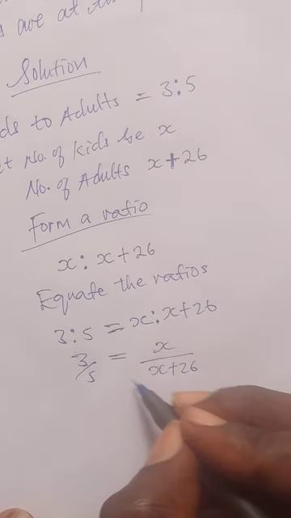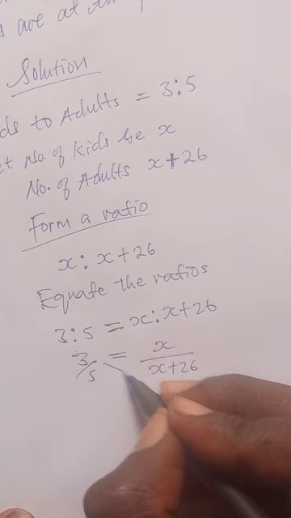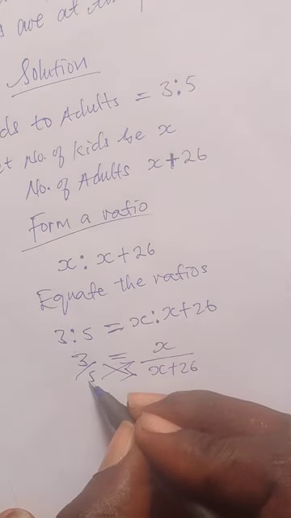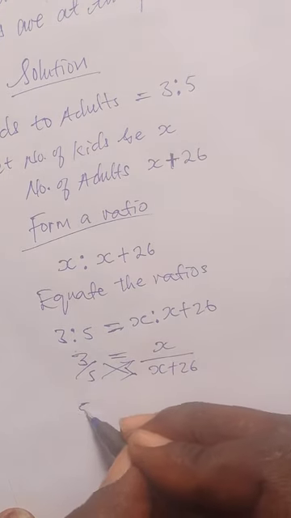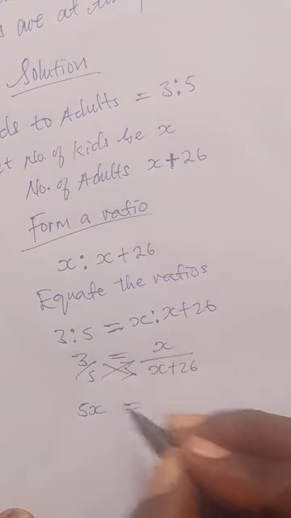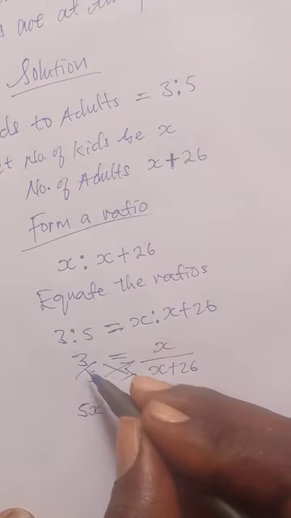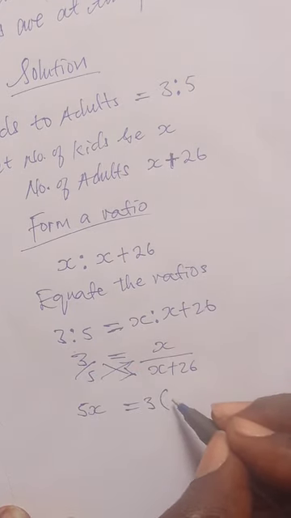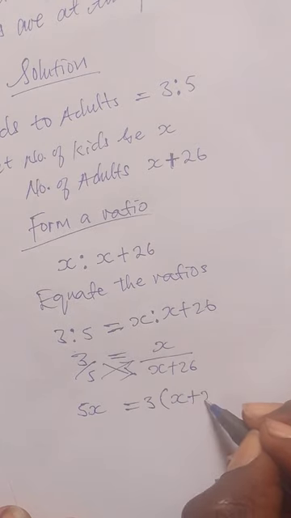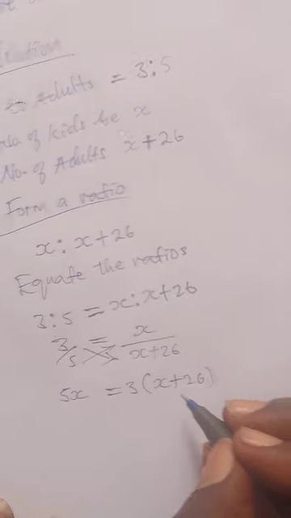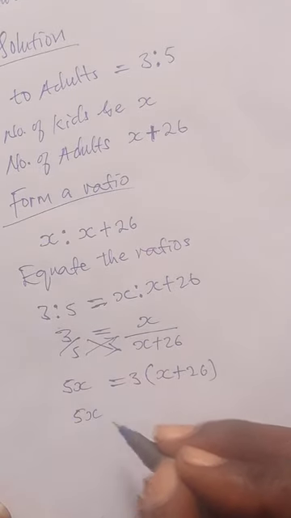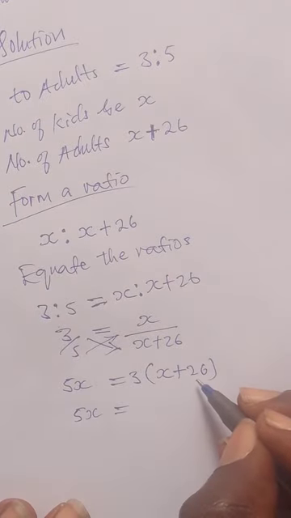Remember, at this juncture, I can cross multiply. Okay? So I'll use my 5 and multiply by X, which gives me 5X. And I'll use my 3, multiplied by, let's put them in a bracket, X plus 26. Okay? So we maintain our 5X, and then we clear the bracket.